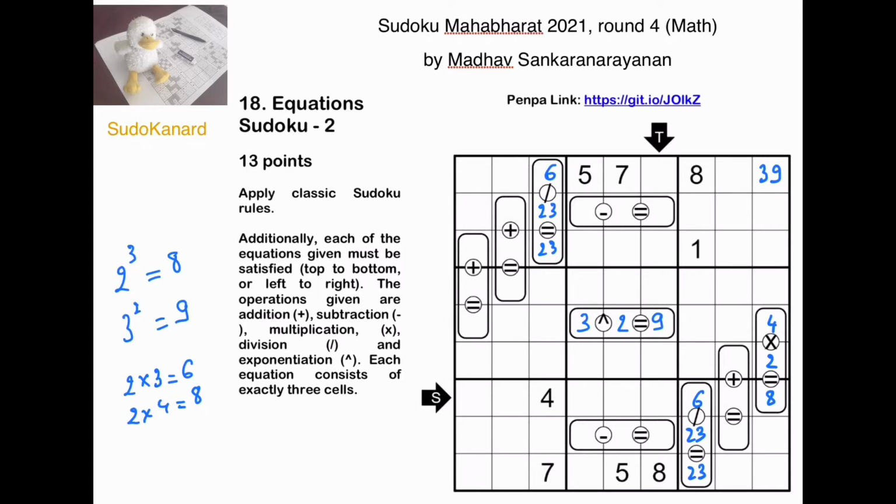Something else. Here we have a sum. Is it the right place to look, or is it here? I don't remember. I solved it after the round, but I don't remember. Let's have a look at this column. We still need 1, 4, 7, and 8.